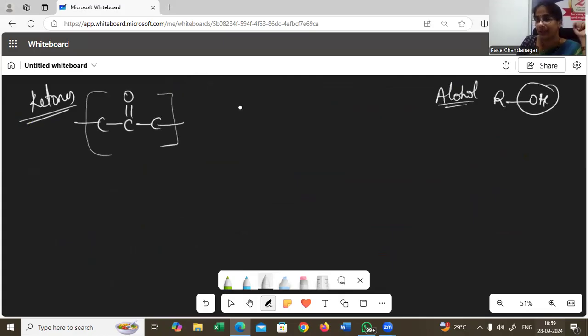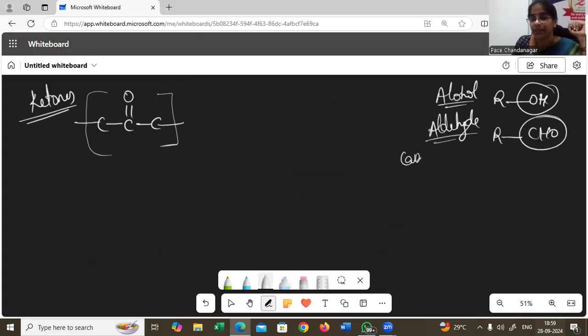R is any alkyl group. Aldehyde is R with a CHO group. Carboxylic acid is R with a COOH group, right? And if I talk about ketone, this is the base structure.